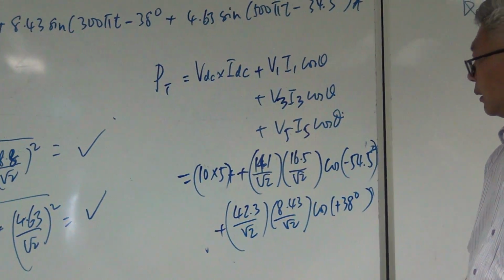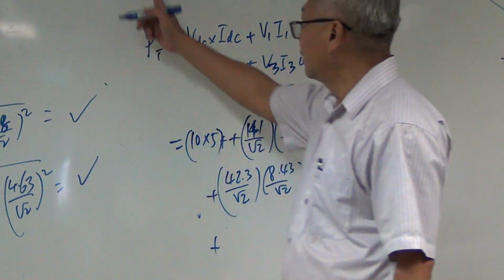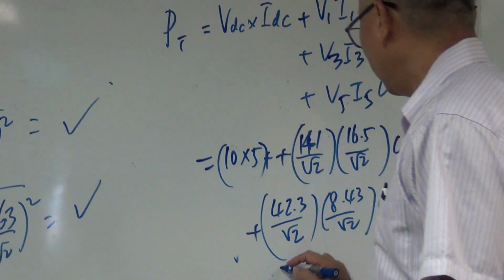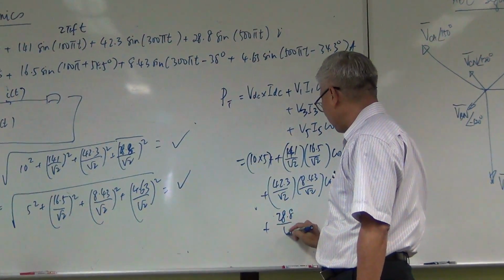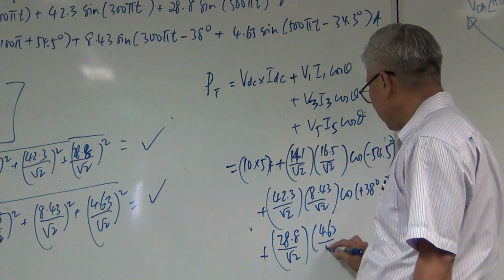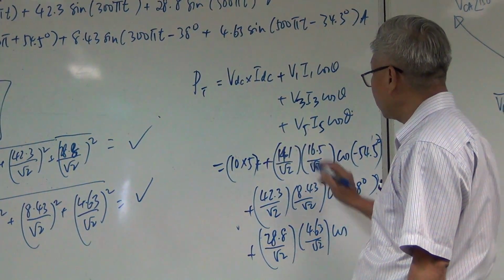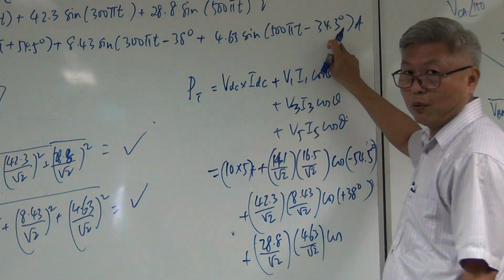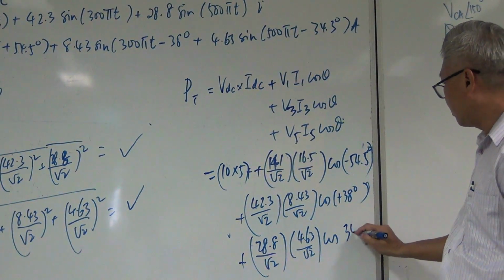Okay? Third one will be the fifth harmonic: 28.8 divided by square root 2 multiply 4.63 divided by square root 2, cosine, what's the angle? 0 degrees and minus 34.3 is 34.3.